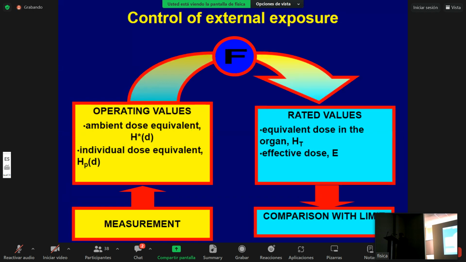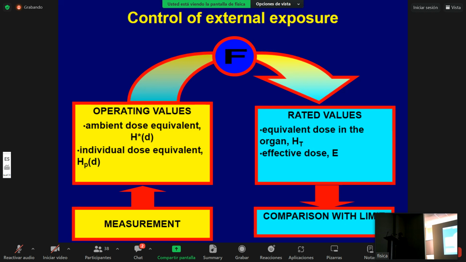Parameter d determines the ratio of the operational and normalized values. At d equals 10 millimeters, values H*(10) and H_p(10) correspond to the effective dose of external radiation.